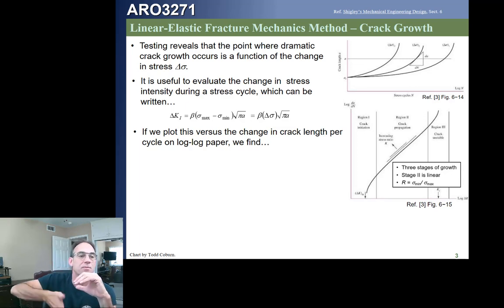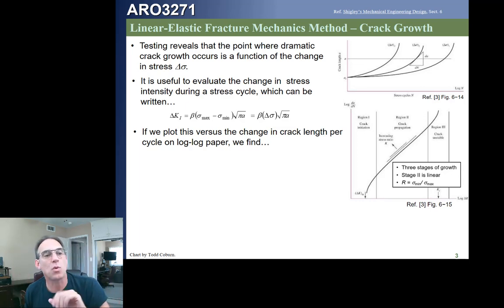We've got a part where things are increasing abruptly, and then it has kind of a linear relationship, and then it changes abruptly again. That abrupt later change is associated with fast fracture, and this linear portion of the curve is where most of the crack growth occurs.